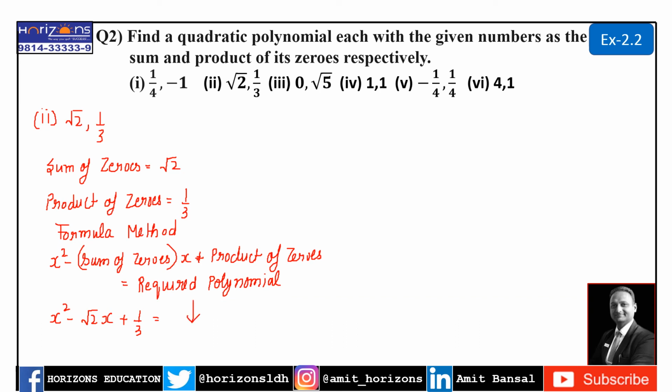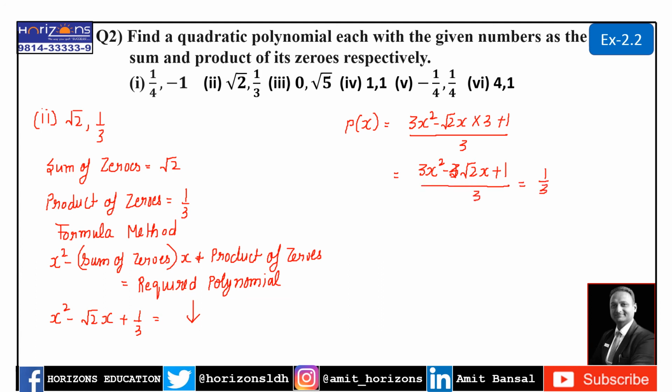Solving it ahead, the required polynomial px will be equal to, taking LCM, 3x square minus root 2x into 3 plus 1, whole over 3. So that is 3x square minus 3 root 2x plus 1 over 3, which can be written as 1 by 3 into 3x square minus 3 root 2x plus 1.